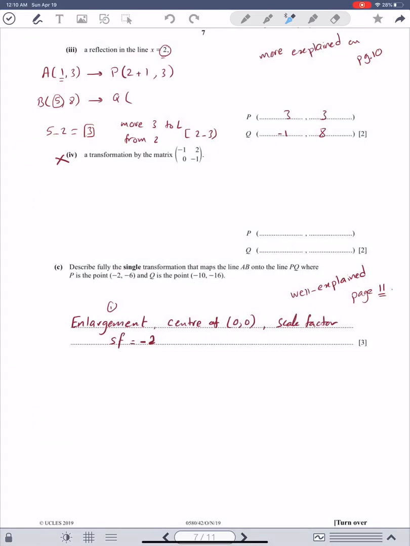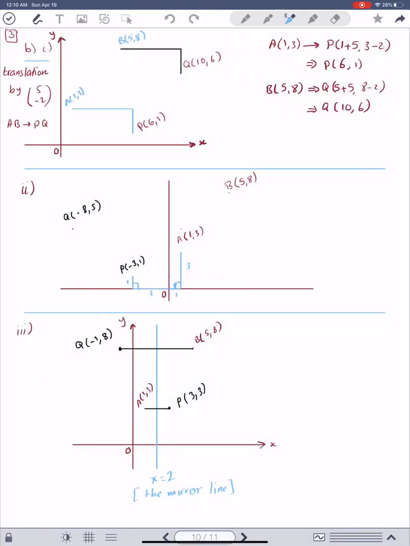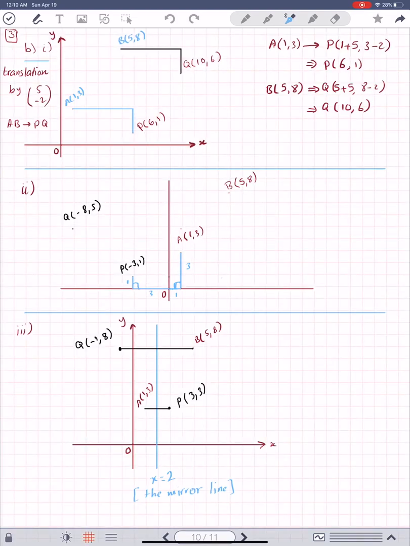Third part, a reflection. We will be reflecting A and B in the mirror line, x equals 2. Back to page 10 again. This is the line x equals 2.